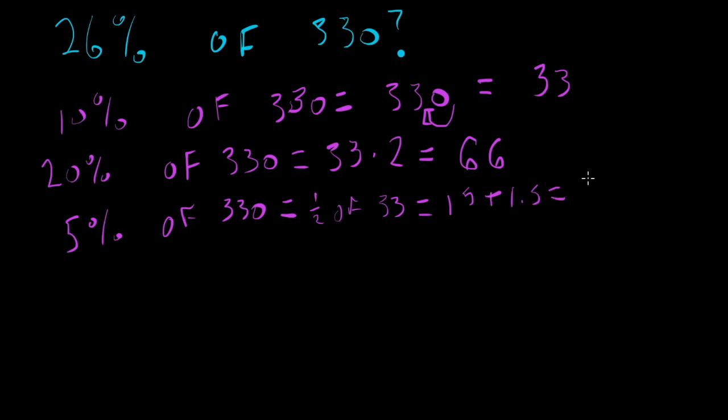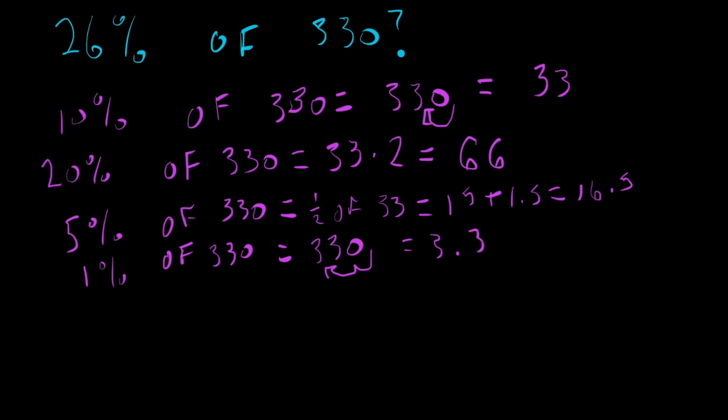So half of 33 is going to be 16.5. Okay. So 5% of 330 is 16.5. And then finally we need to do 1% of 330. Okay. So 1% of 330, we just take 330, move our decimal place twice to the left. So that's going to be 3.3.